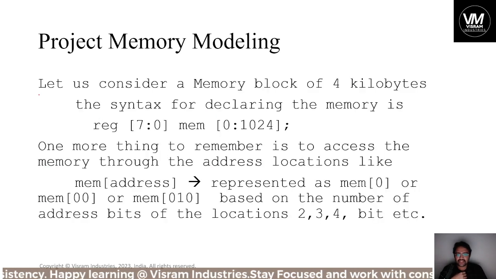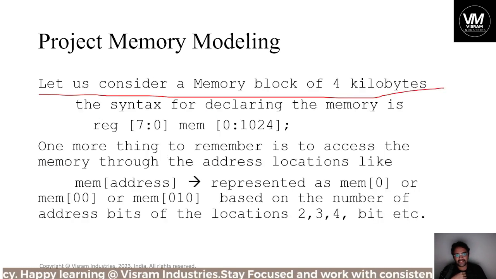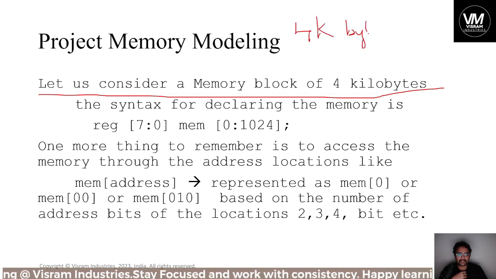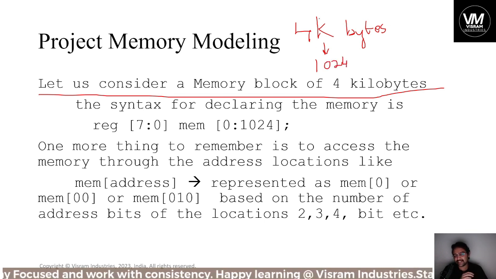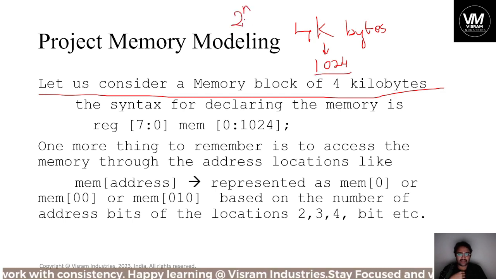So let us consider a memory block of 4 kilobytes. In the digital circuits representation, kilo is nothing but 1024, not 1000. K is not for 1000, it is 1024, because the values depend on 2 power n.